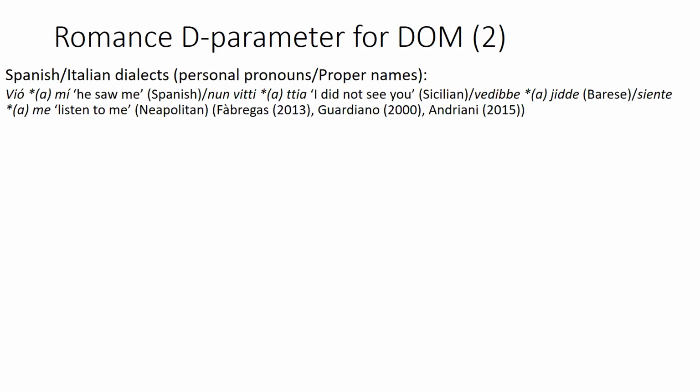In Sicilian, non viti a tia. In Albanese, vedibe agide. Neapolitan, siente a me, etc. All of these reference works say that personal pronouns and proper names tend to be obligatorily marked by a.